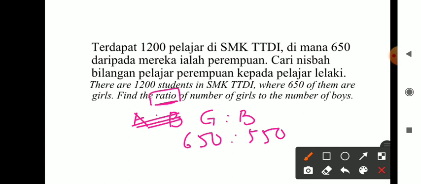You change it into fraction form, then into improper fraction. Use the calculator, press shift ABC, then you will get 13 to 11. Normally the teacher wants you to simplify your answer in the simplest form. This is for the chapter on ratio, 13 to 11.